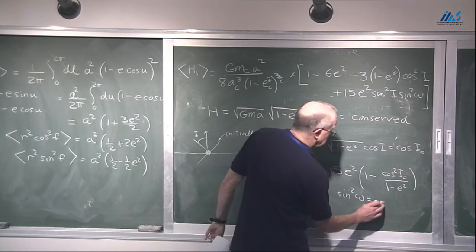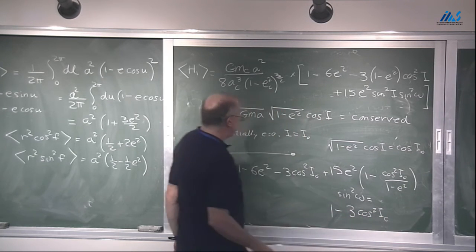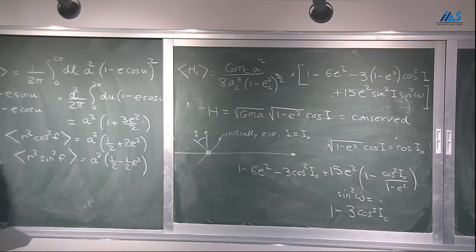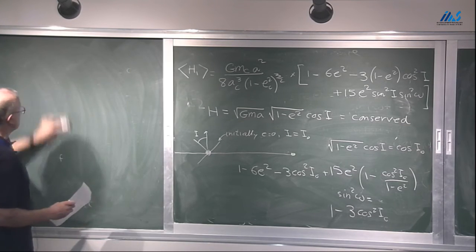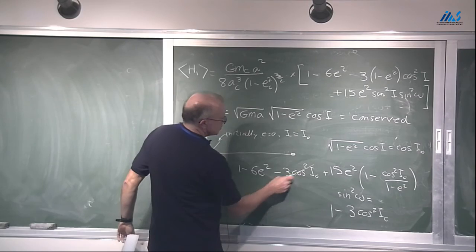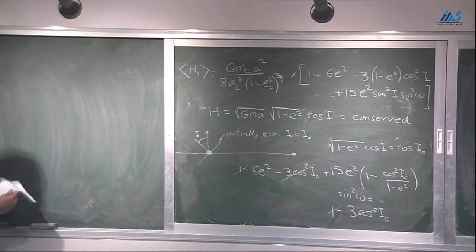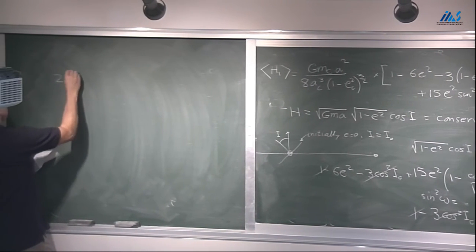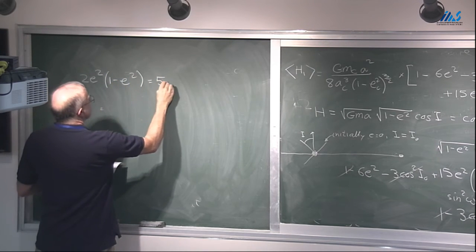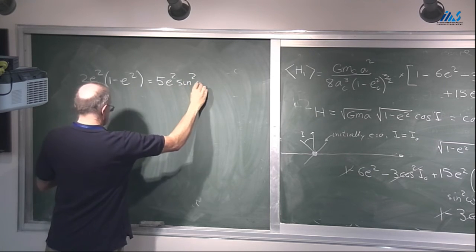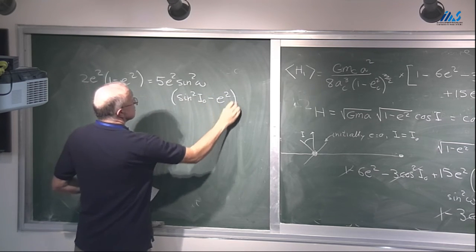So it has to be 1 minus 3 cos squared I0. This and this cancel. They're on the left and right hand side. And so the conclusion is that conservation of the Hamiltonian tells you that 2e squared over 1 minus e squared is 5 e squared sine squared omega, sine squared I0 minus e squared.